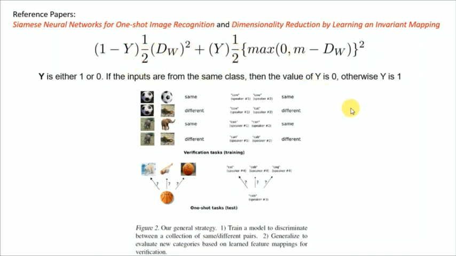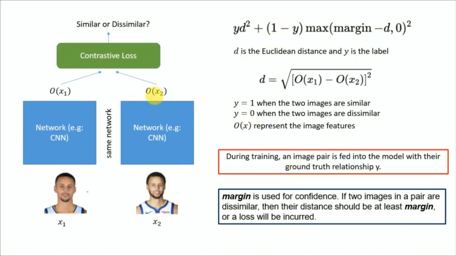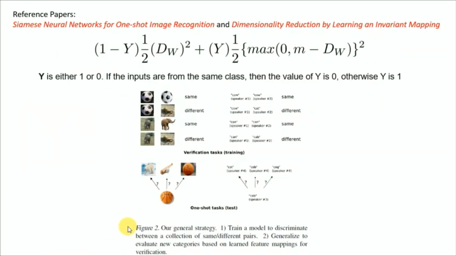Another difference is that y is 0 if the inputs are the same, and 1 if the inputs are not the same. So it's the opposite of what we discussed here, but it doesn't really matter. It just depends on how you supply the labels. Just make sure to supply them consistently.